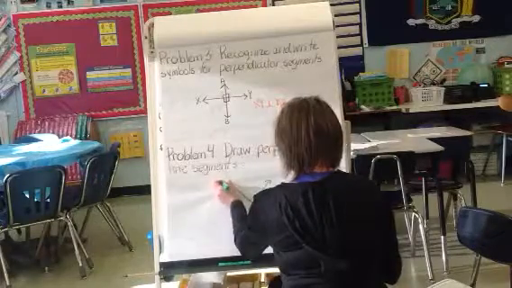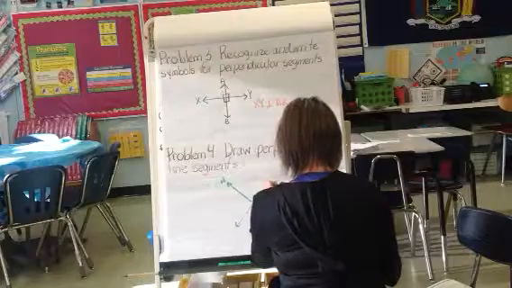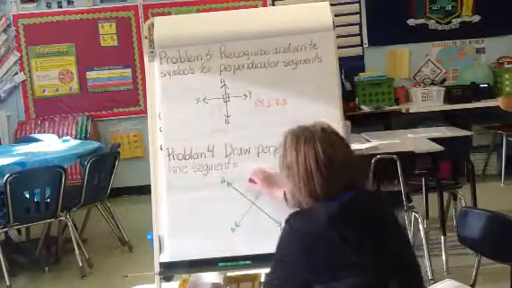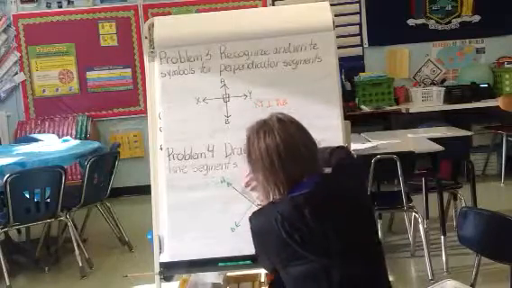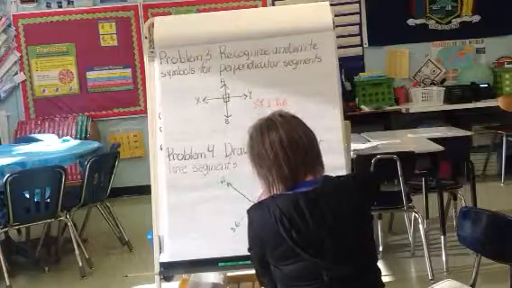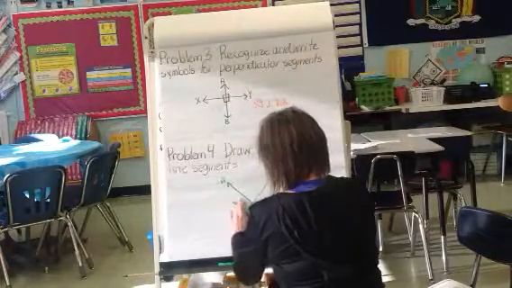Let's call this one A, B, this one C, and D. So let's put our right angle template in it. You're going to notice that it fits perfectly. This looks very much like an X, but you're going to see we have 4 right angles.